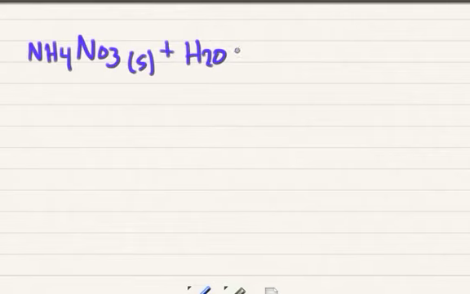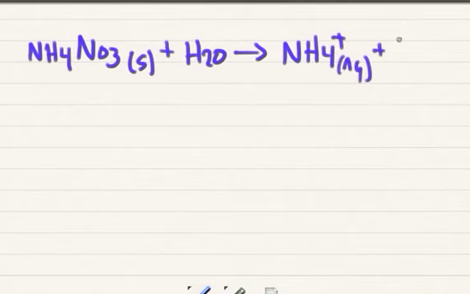I pop the inner bag, and the ammonium nitrate breaks up and dissolves in the water, so the bonds that hold these together break up, and I have NH4 plus in an aqueous environment, plus the nitrate ion, NO3, in an aqueous environment. And obviously I still have water.